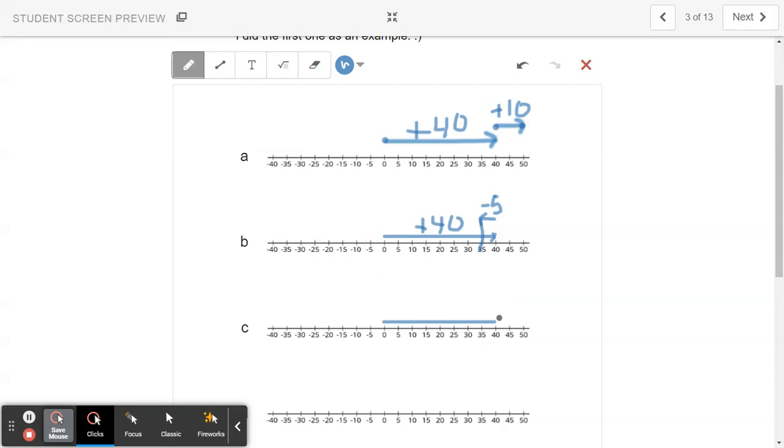And then we know it got 30 degrees colder. So that means we have to go back this way because to the left means colder. To the right means it's getting warmer. So I'm going to go back 30 degrees. So that's 10, 20, 30 degrees.